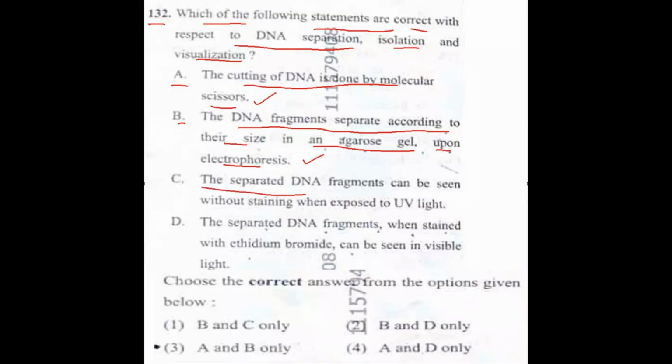Option C, the separated DNA fragments can be seen without staining when exposed to UV light. That is wrong. It has to be stained with ethidium bromide. Option D, the separated DNA fragments when stained with ethidium bromide can be seen in visible light. That is also wrong. It should be exposed to UV light. So the correct answers are A and B. So the option is option 3.